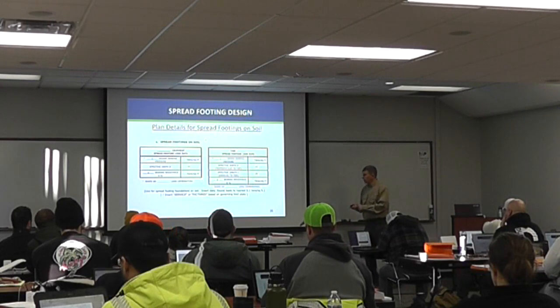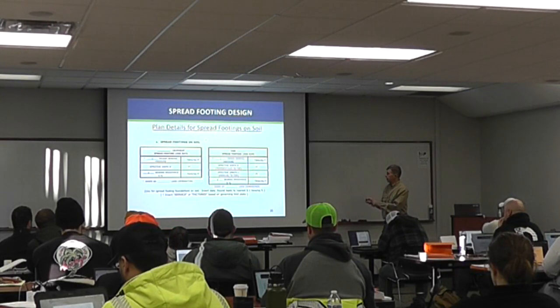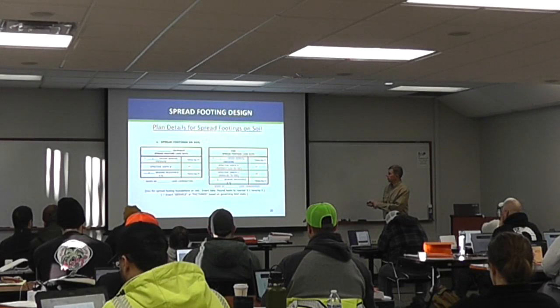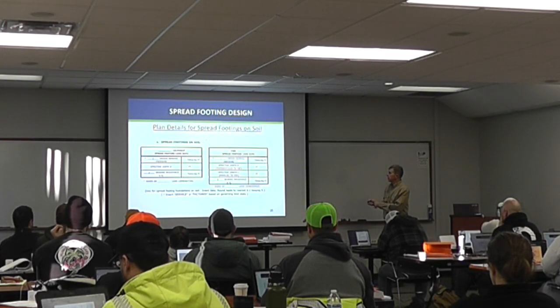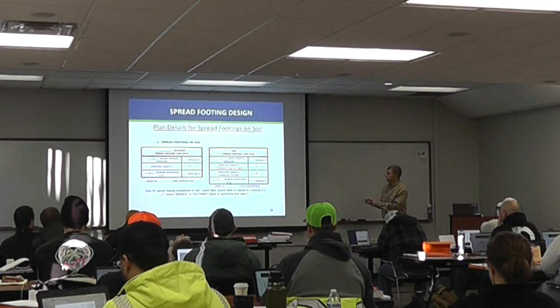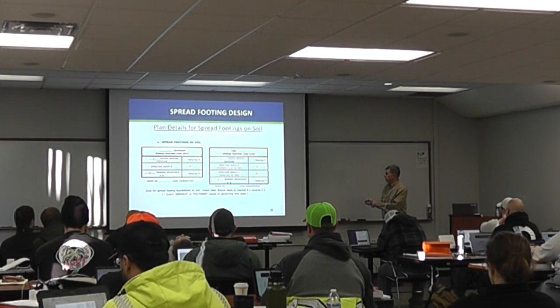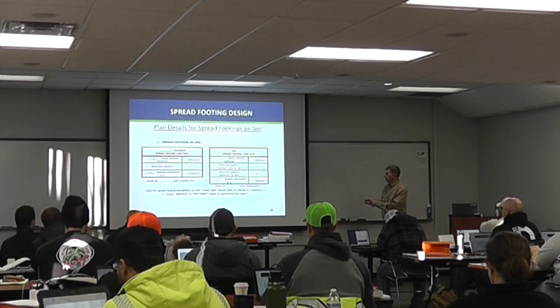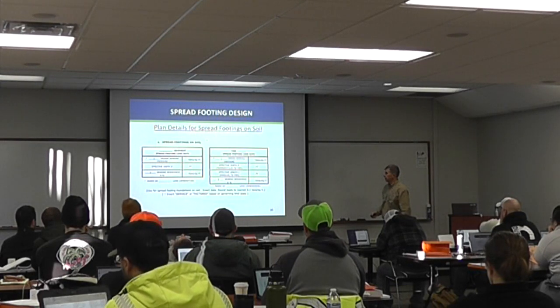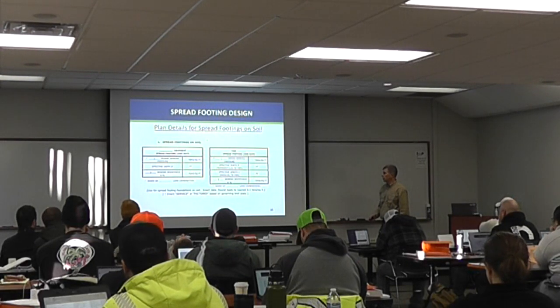Then out in the field, similar to our piling, we're going to want to say what is the bearing resistance that we have. I guess this one is for the abutment, this one is for the pier. At the end of the day, we want a bearing resistance that is going to resist all of the loads.